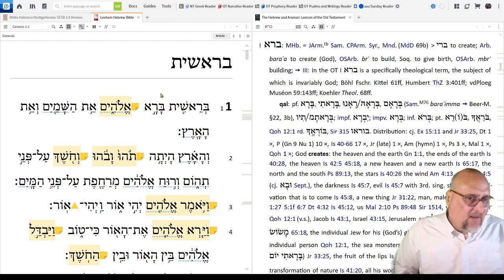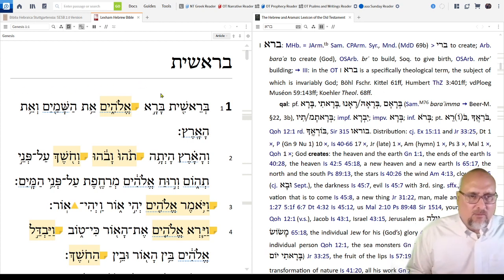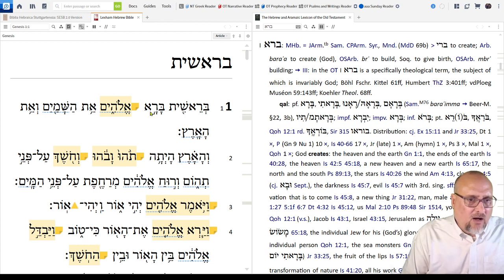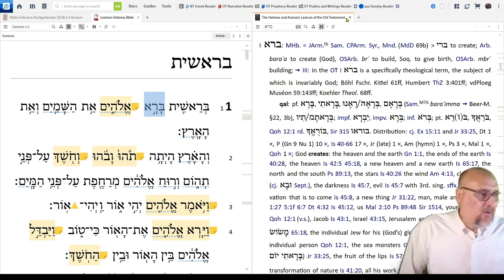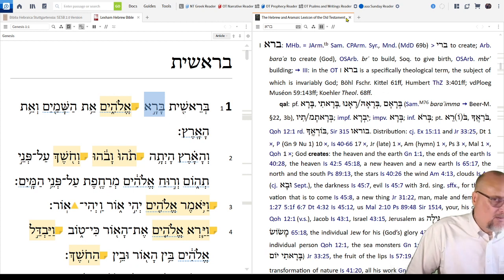So the great thing about these texts in Logos is if you click on it, it will look the word up in a lexicon. Now, the standard lexicon in Hebrew is called HALOT, the Hebrew and Aramaic Lexicon of the Old Testament.